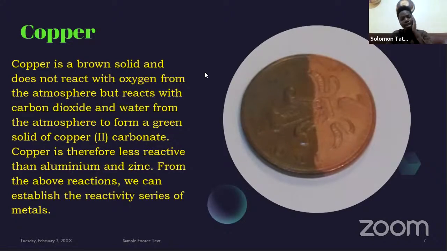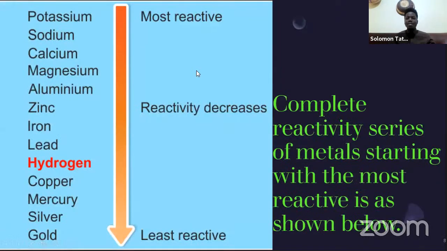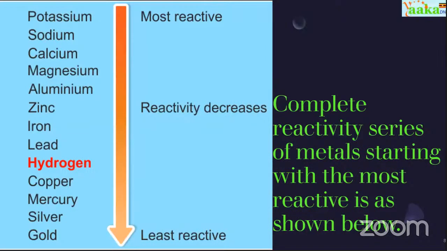Okay. So now with what we have looked at, we can deduce the reactivity series, how the metals are arranged from most reactive to least reactive. So this is the arrangement here.